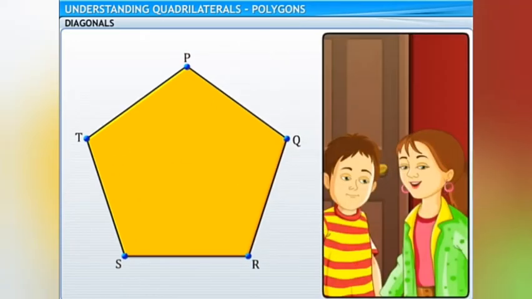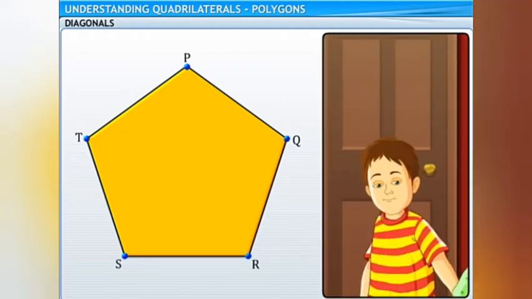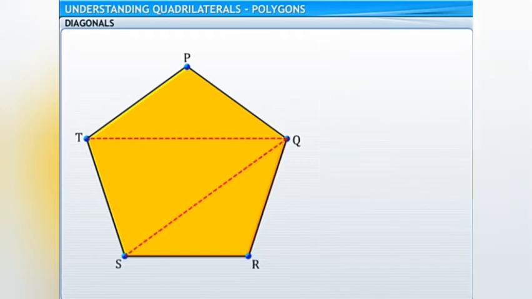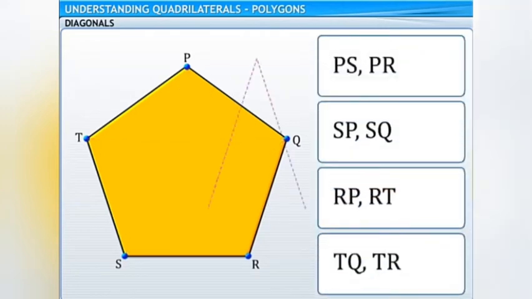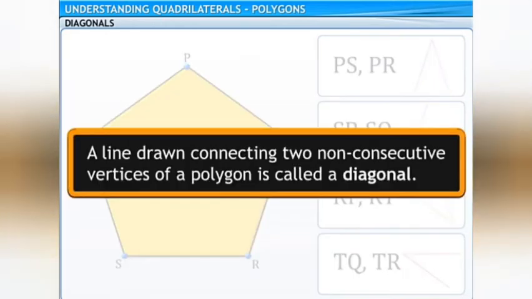Alice and John, can you show the other diagonals of this polygon? From vertex T to vertex Q and vertex R. From vertex Q to vertex S and then to vertex T. The diagonal from T and Q is already drawn, so it is considered as a diagonal from Q to T. So we can conclude that a line drawn connecting two non-consecutive vertices of a polygon is called a diagonal.